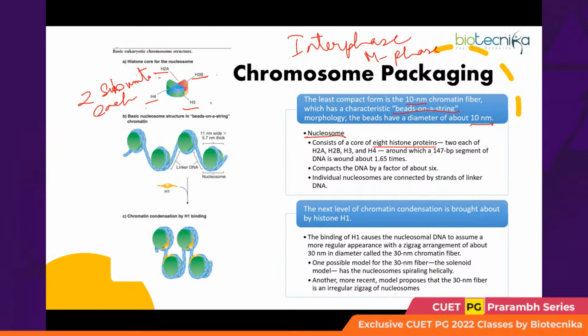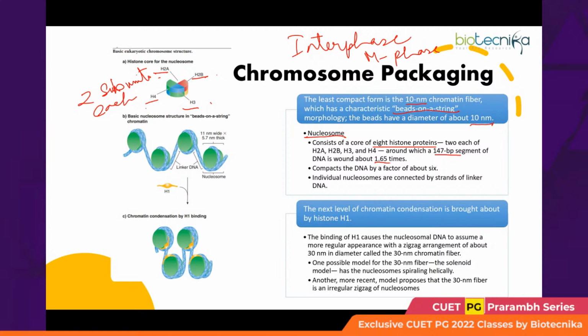So this is the nucleosome core, right? Now around the core the DNA will be wrapped. And the size of the fragment that is wrapped is a 147 base pair segment of DNA, which is wound around 1.65 times.